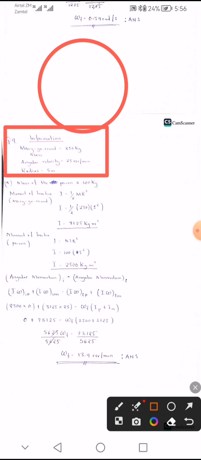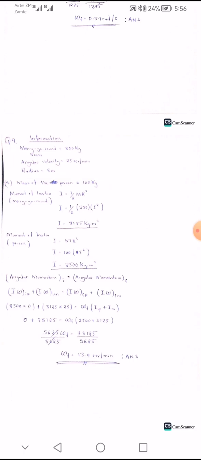And then in part A, we have now been given the mass of the person. This time it's a person, as 100 kg. And that's everything that we know about the person. And we know this person is not moving initially. So his or her initial speed is 0. That's tangential or angular.